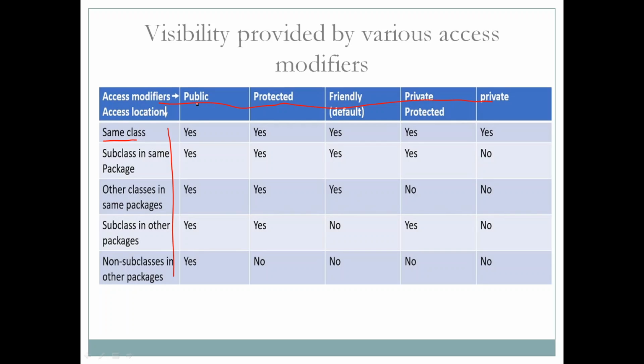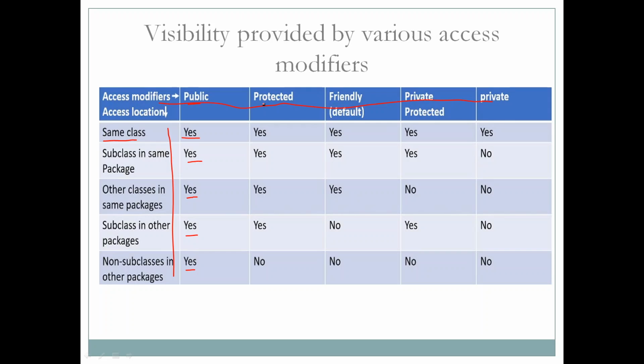Now if you look at public, public is accessible in the same class, yes. Is it accessible to the subclasses in the same package? Yes. Accessible in other classes in the same package? Yes, yes, yes. That means public is accessible everywhere.